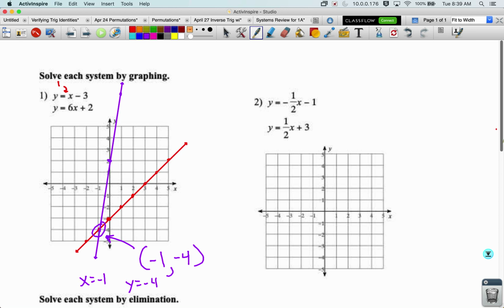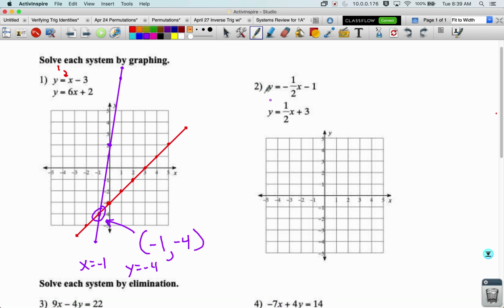All right, let's try it again with this one. Y-intercept of -1, slope of -1/2, so I go down 1, right 2, down 1, right 2, or up 1, left 2, up 1, left 2. Let's dot in the other one, y-intercept of 3.